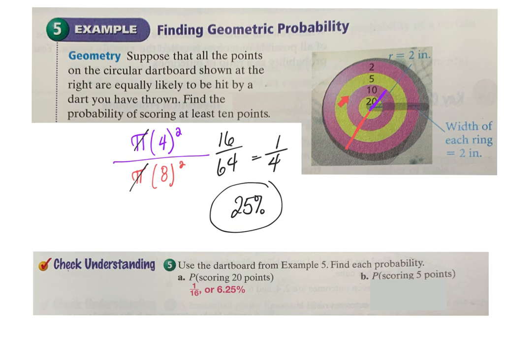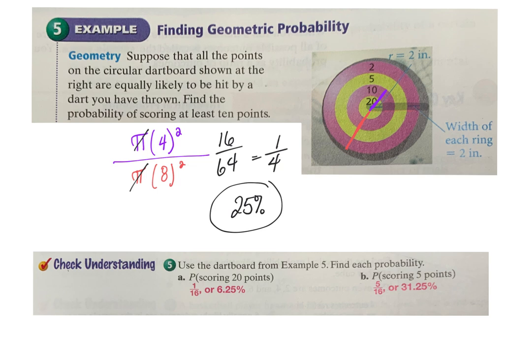You did not want anything else. So you had to take the whole thing, subtract out this inner circle, and put that over the entire thing. And so for this one, you should have gotten 31.25% there. All right, 31.25. Let's look at the second one really quickly.